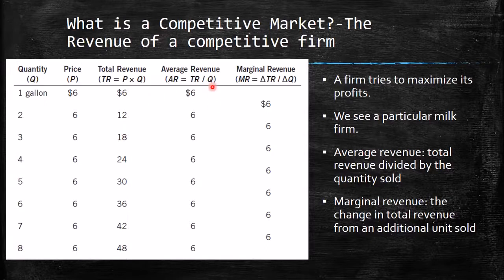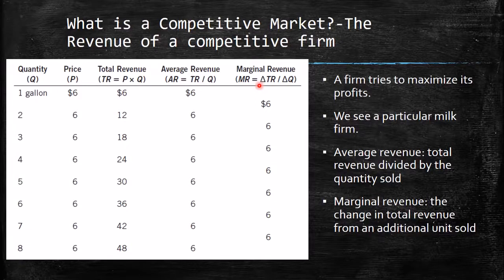Then we will have here total revenue 6 over 1, 12 over 2, 18 over 3, and so on and so forth. So automatically you visualize and you realize that here the price is exactly equal to the average revenue.